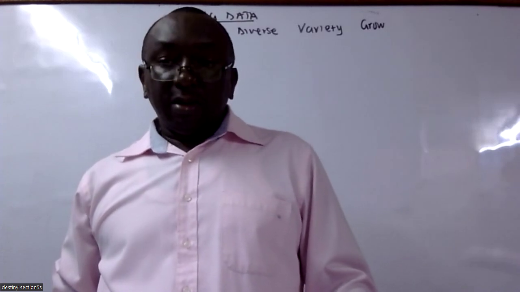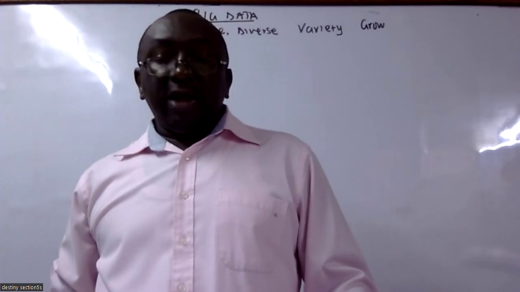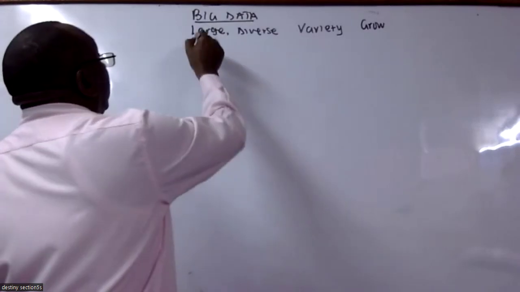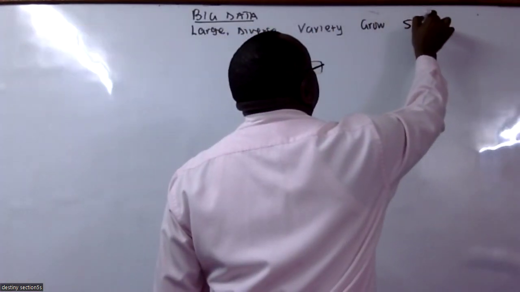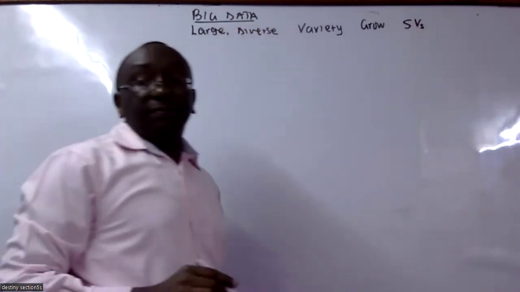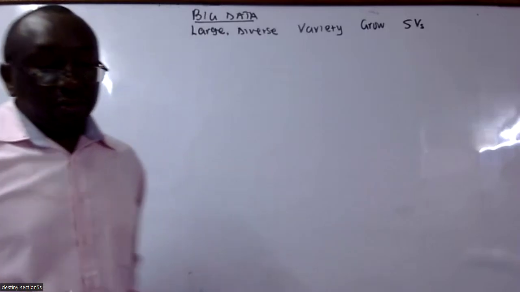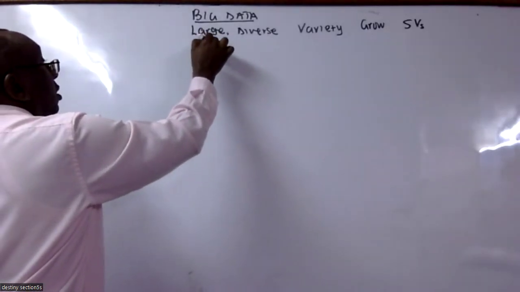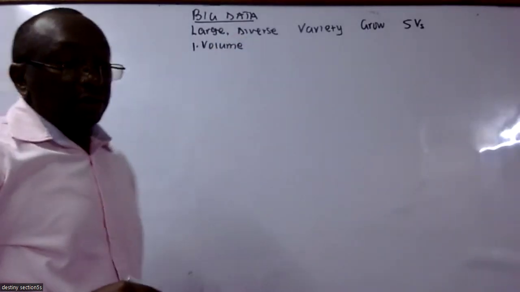First of all, the most common characters are known as 5 V's, as explained below.